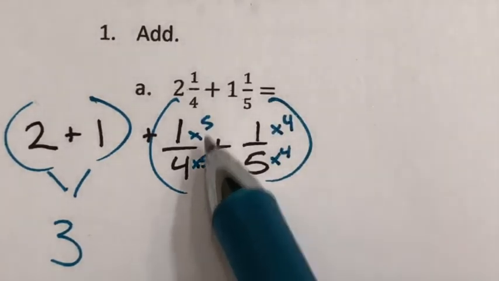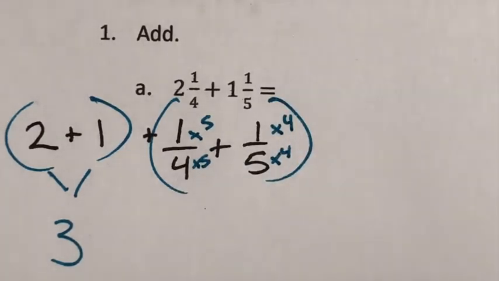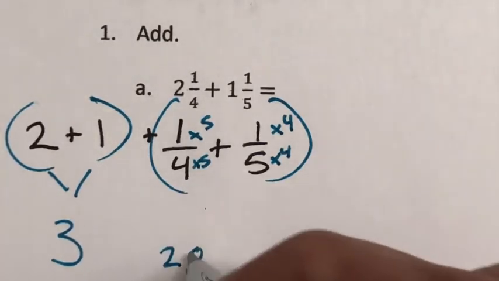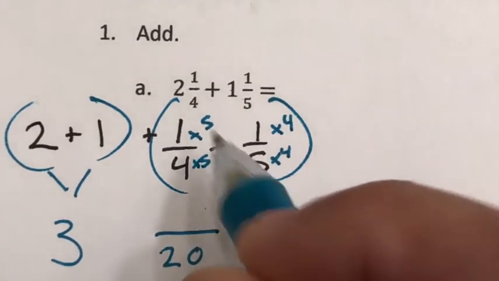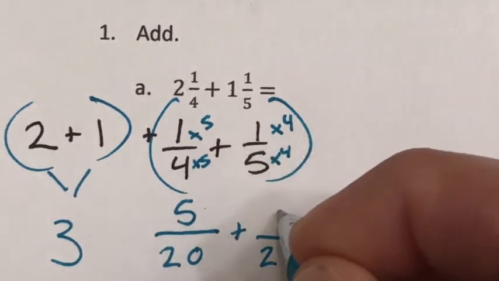And again, I'm multiplying this side by this denominator, and this side by this denominator. Again, that's kind of like the rule of thumb. Okay, so if I do this, it's going to be over 20, and so is this one. Okay, 1 times 5 is 5, and 1 times 4 is 4.